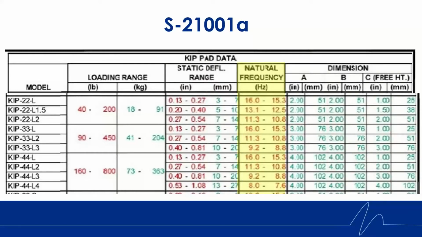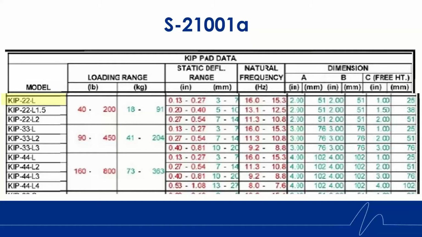We have the natural frequency range, and then we have the dimensions. A and B refer to the length and width of the isolator, also in millimeters. And C refers to the height of the KIP isolator, in inches as well as millimeters.